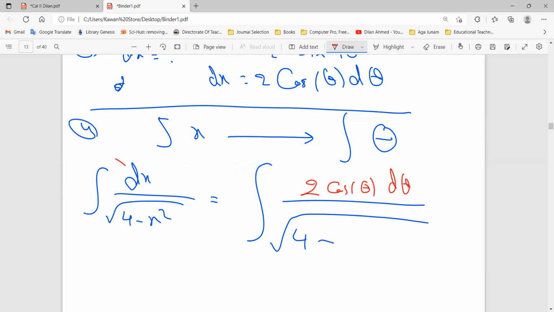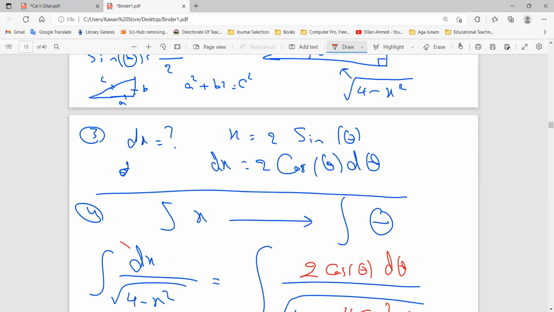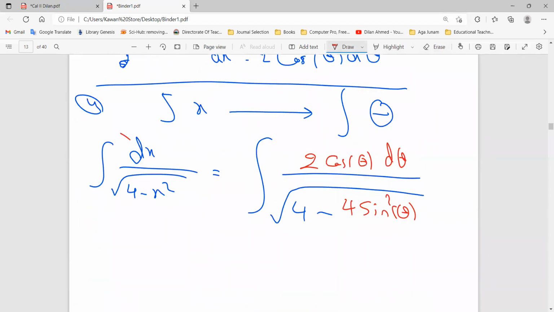And x squared is equal to what, from the first step? From here I know x squared is equal to 4 sine square of theta, squaring both sides. Understood here? So instead of x squared, I got 4 sine square theta.